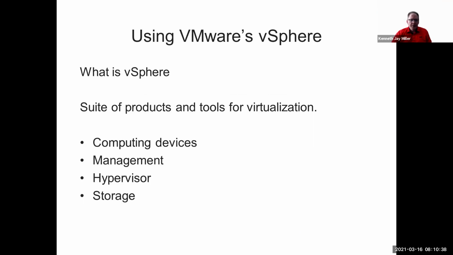All right. Now, what is vSphere? It's really a collection of products and tools that make the virtualization process possible. And when we're talking about vSphere, and when I say a large company, I'm really talking about companies that have offices and remote locations all across the globe.